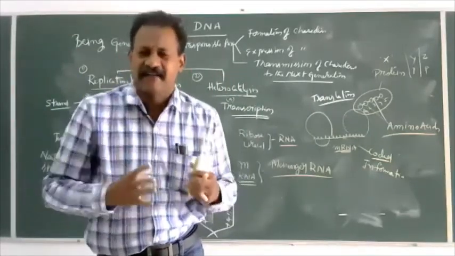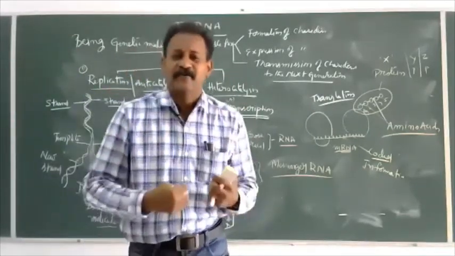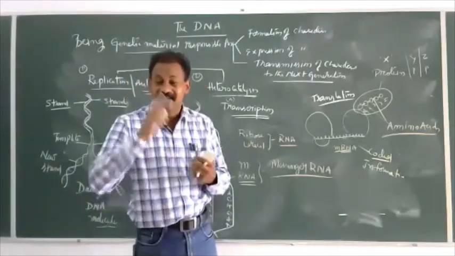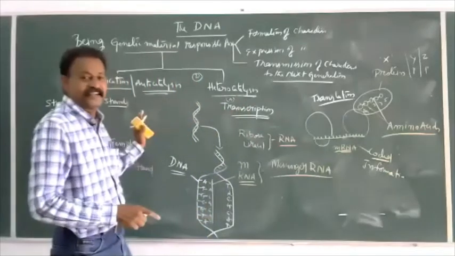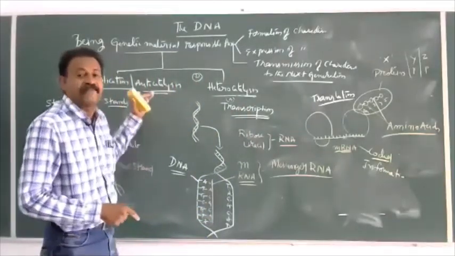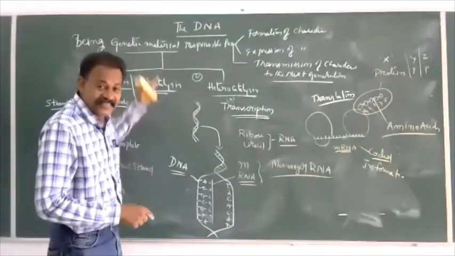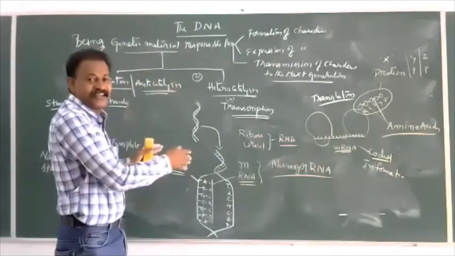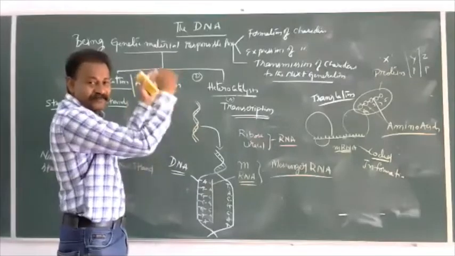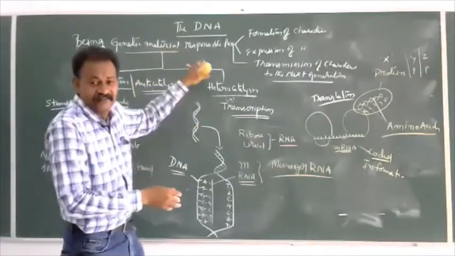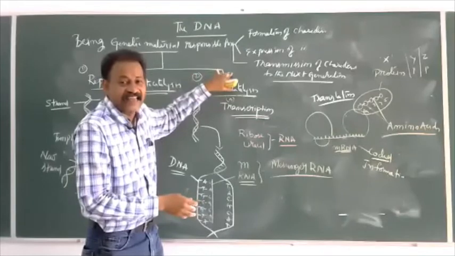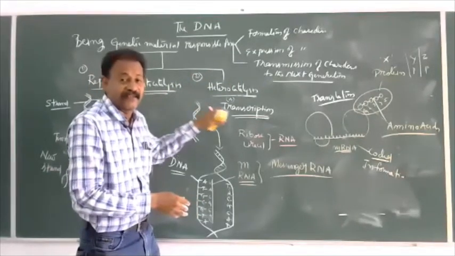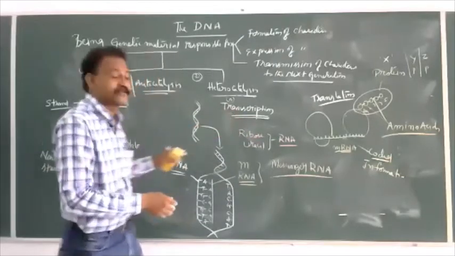So everything in the body of a human being, of animals, or of plants is determined by the genetic material called DNA. We have studied DNA's characteristic features and its structural components, and how they were arranged, by the ideas of Wilkins and Franklin, the chemical analysis of Erwin Chargaff, and Pauling's analysis of hydrogen bonds.